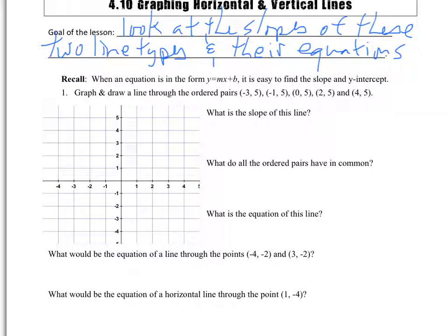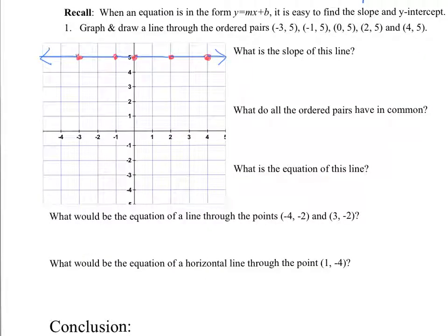So let's first of all graph these 1, 2, 3, 4, 5 points. I'm going to pause this while I graph it so that it's not too long. So you see those points. We've got these points here, and we see it's a straight line that they form.